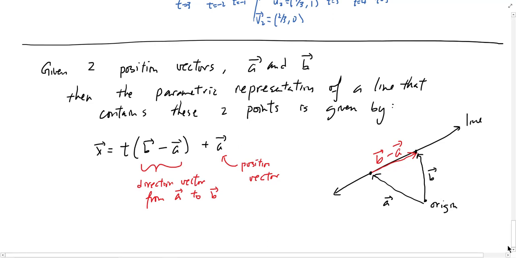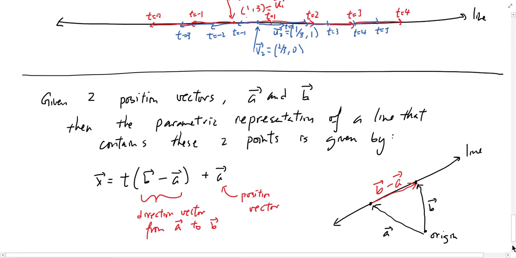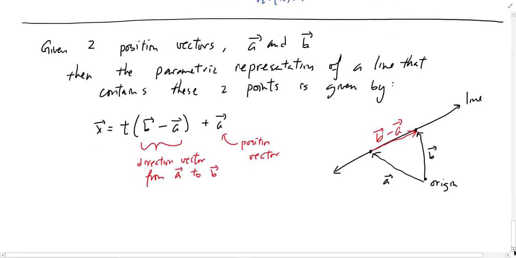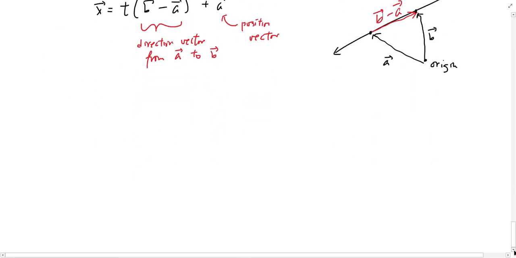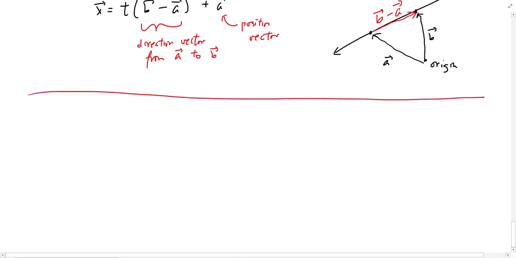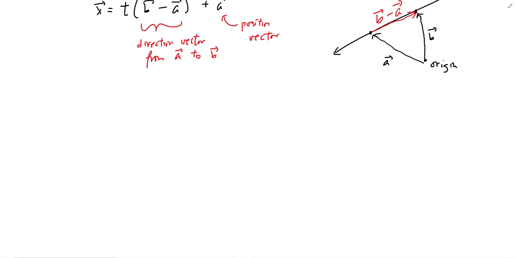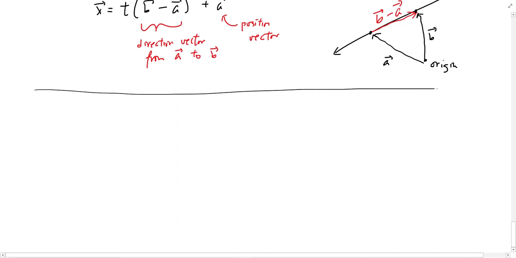Now, let me show you an example so that you can see how that works. All right. I don't know what happened here. All right, there you go. So suppose I give you this problem right here. Imagine the following.